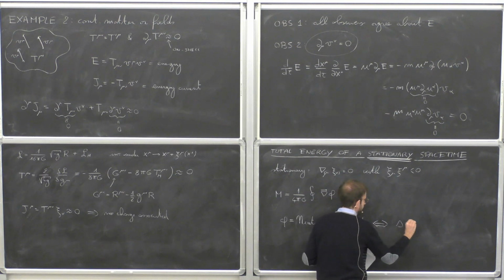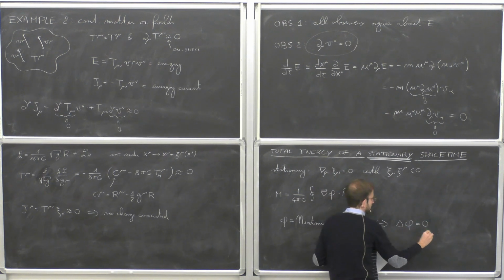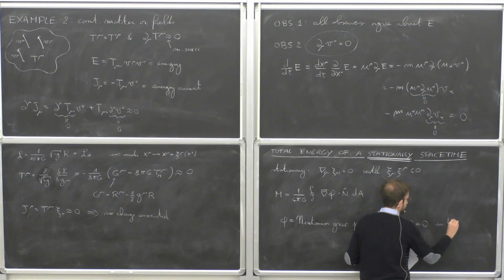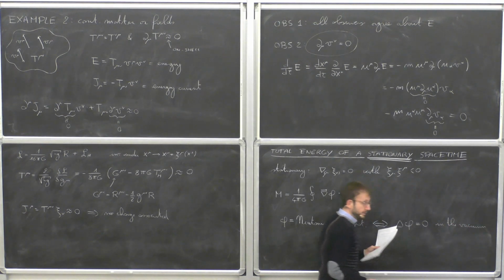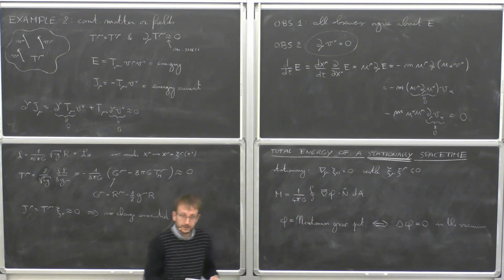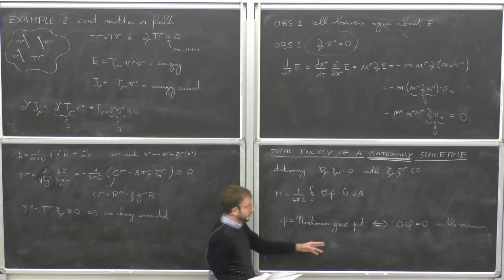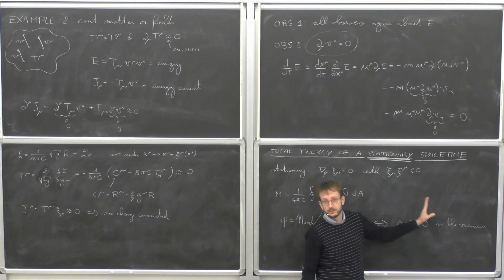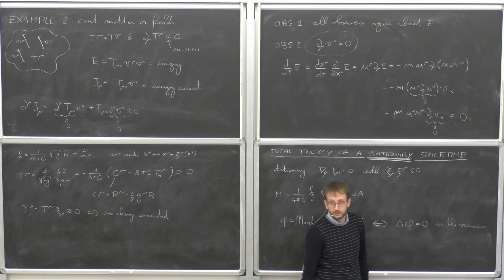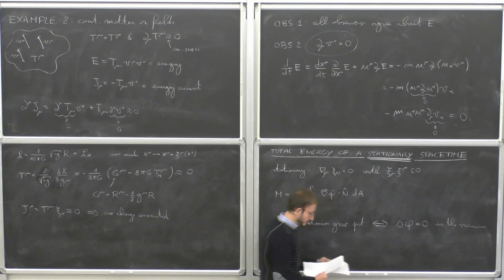Which means that in the vacuum it is satisfying the Laplace equation. Of course, in general you have a term with sources, but I'm looking at the equation satisfied outside of sources.